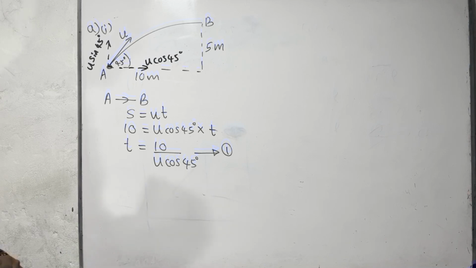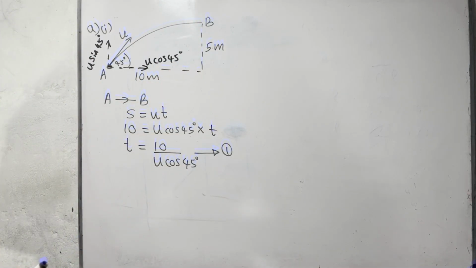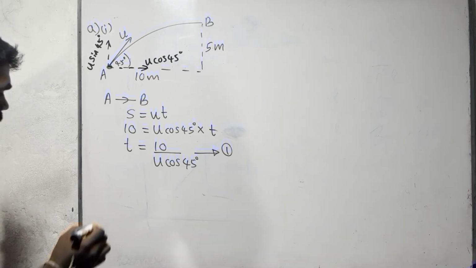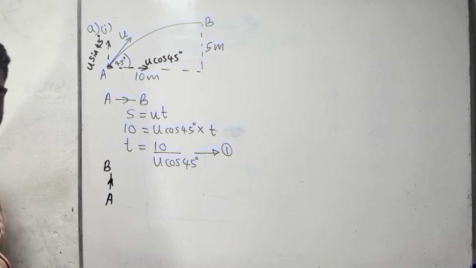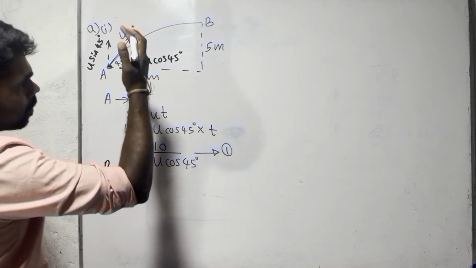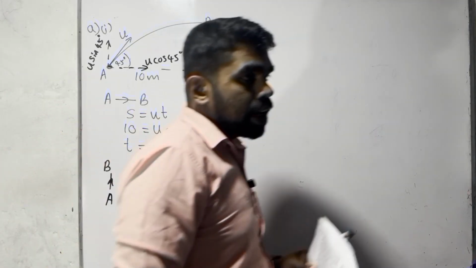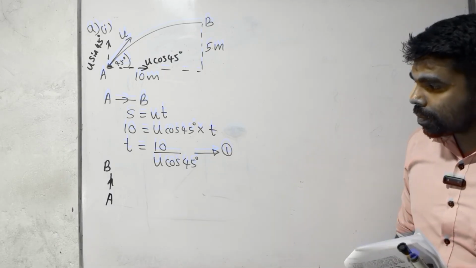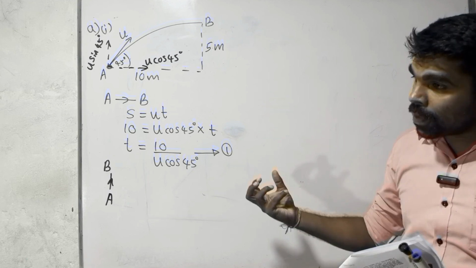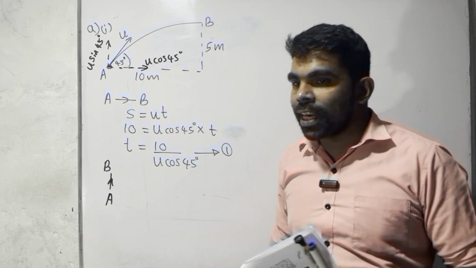Then we know the vertical displacement. Therefore, we can use an equation from A to B in the vertical direction. When considering vertical movement, we know that there is a constant acceleration in the downward direction. Therefore, downward acceleration means we take acceleration as a negative value.